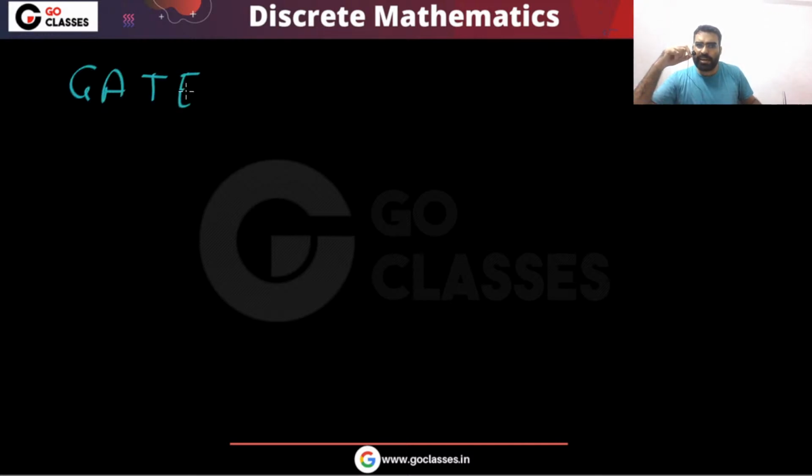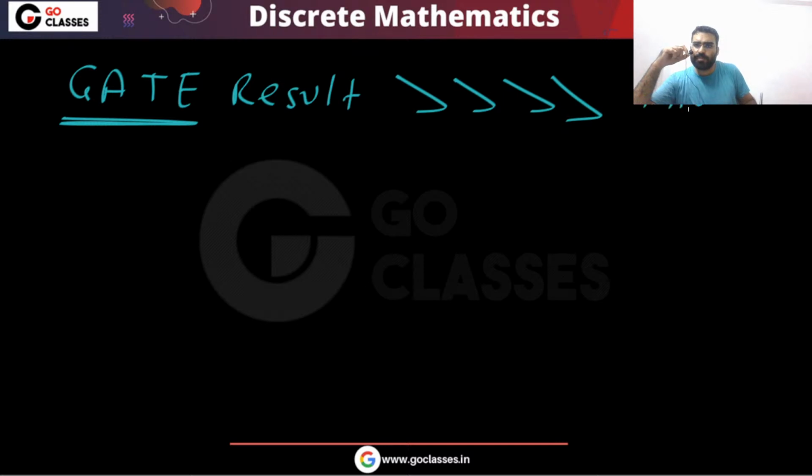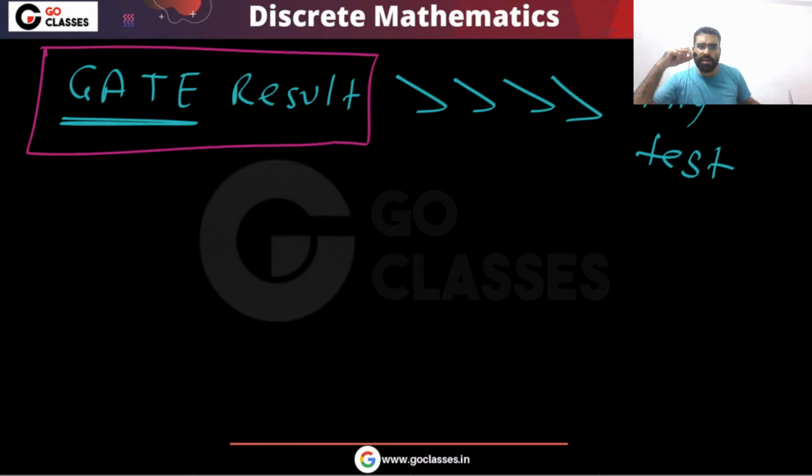Please understand that your GATE rank, your GATE result, your GATE preparation is much more important than any test, any scholarship test, any test series. Our ultimate target is the GATE result, the GATE rank. We want to go to IIT, IISc, we want to go to PSU. We want to go to top colleges like IIIT Hyderabad, IIIT Bangalore, NITs, top NITs. This is what we want to do.